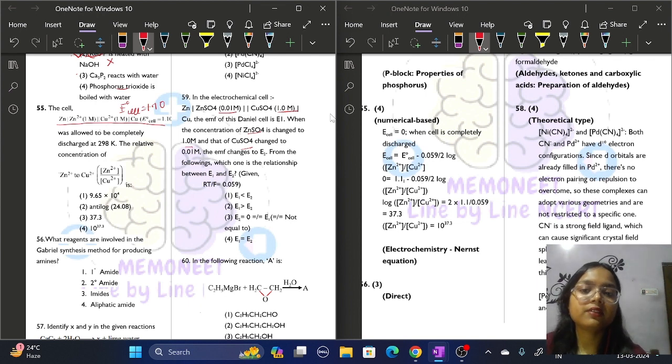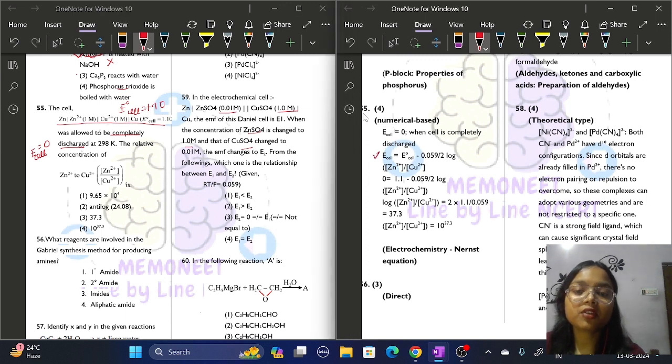So how will we find it? It is given that this cell is allowed to be completely discharged. What is the meaning of completely discharged? It means that E cell value is equal to 0. So here the E cell value is 0.